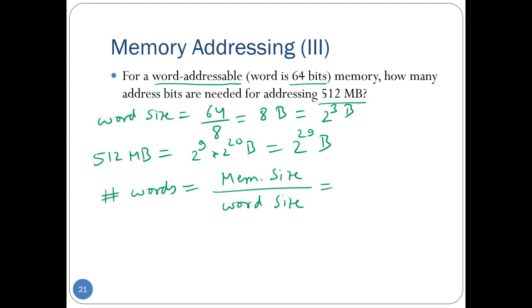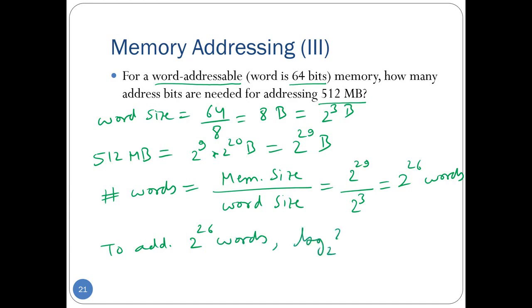Memory size is 2 to the power 29 and the word size is 2 cube, so this is basically 2 to the power 26 words. To address 2 to the power 26 words, we need the ceiling of log base 2 of 2 to the power 26 bits, so this is simply 26 bits.